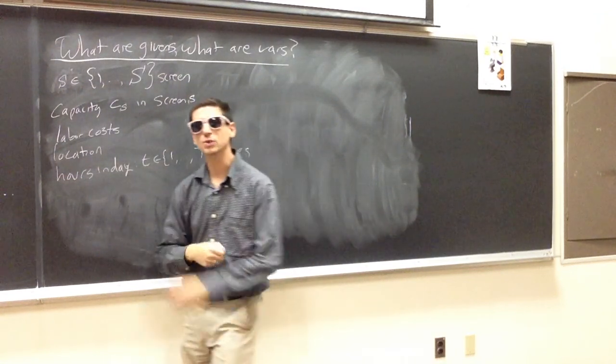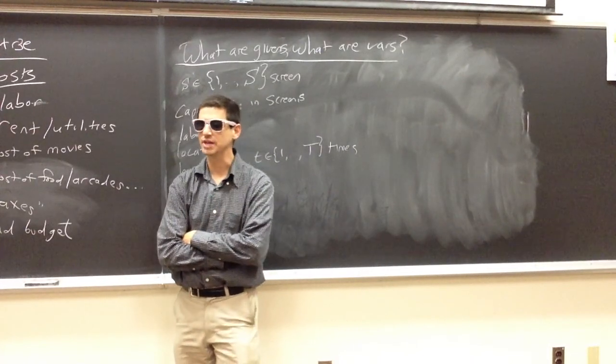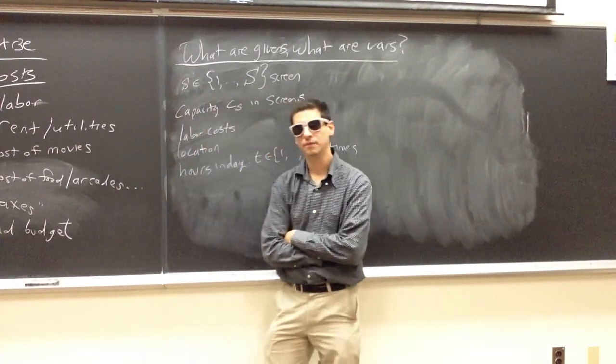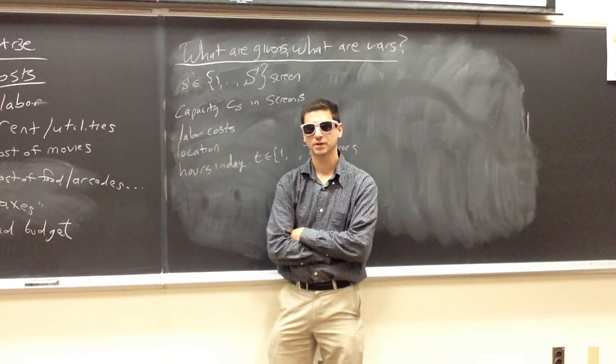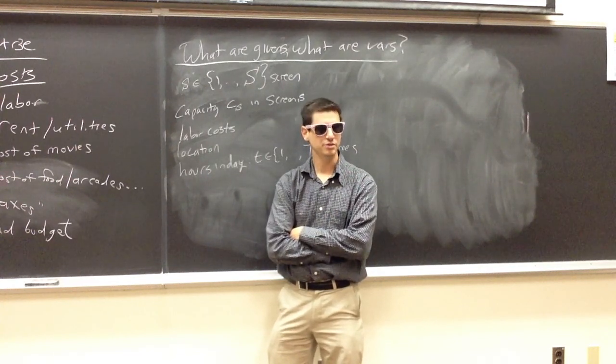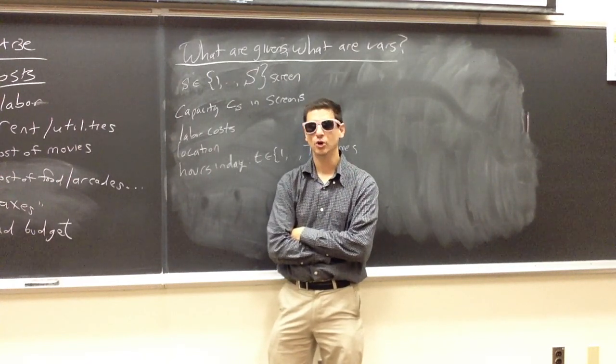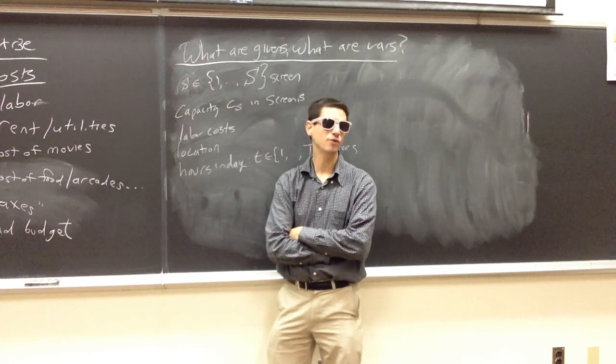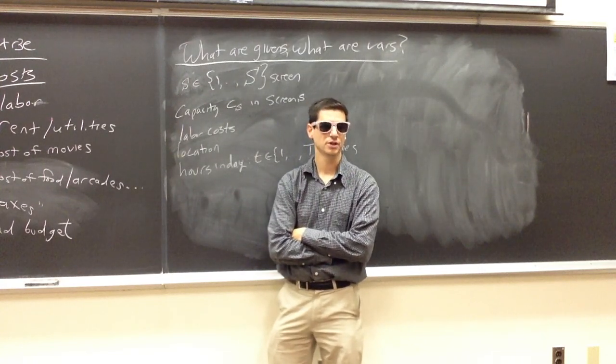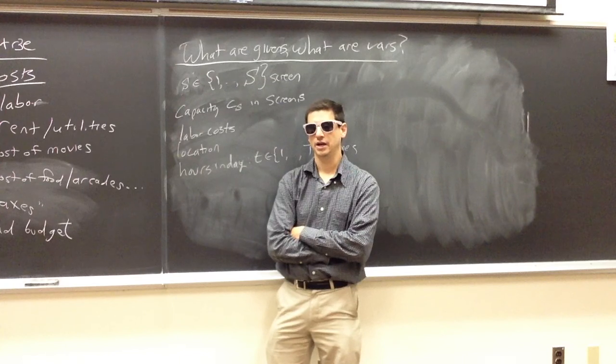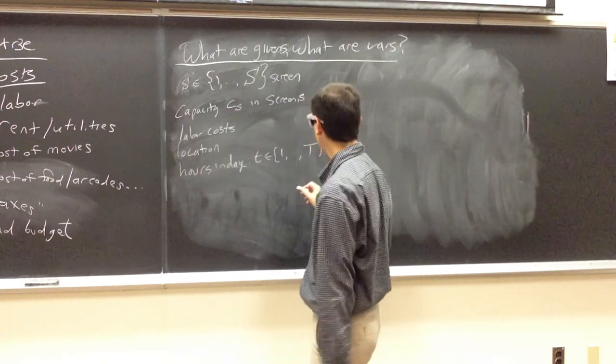What about the movies that we can show? The movies we can show, is that fixed or variable? Variable. It's variable in terms of you can choose which movies you want to show, or maybe we could say, given that we've already chosen the movies, we then have a fixed number. So the movies could be somewhere in the middle.